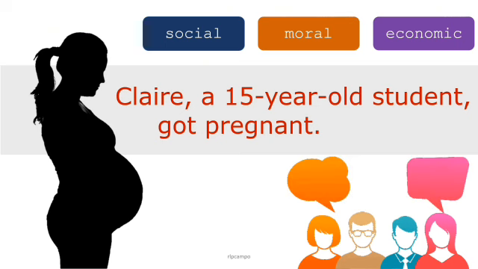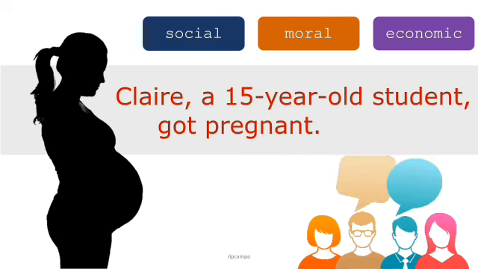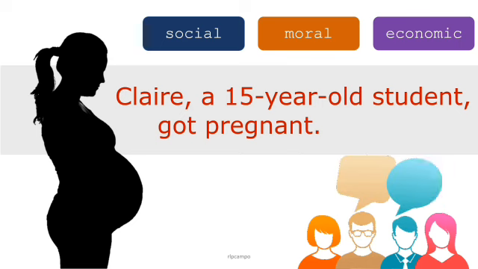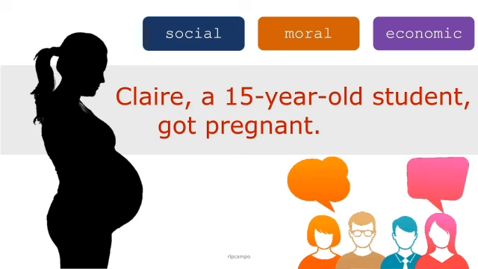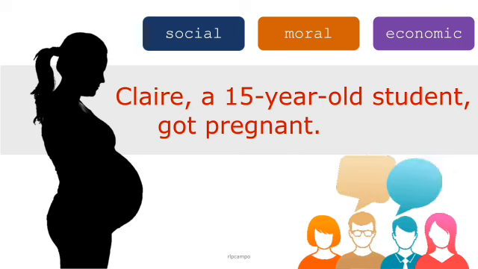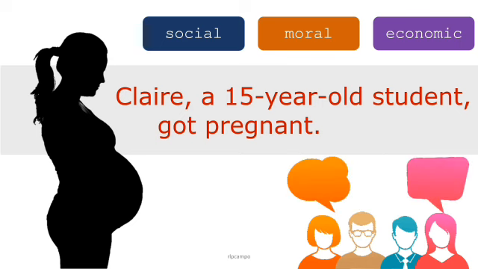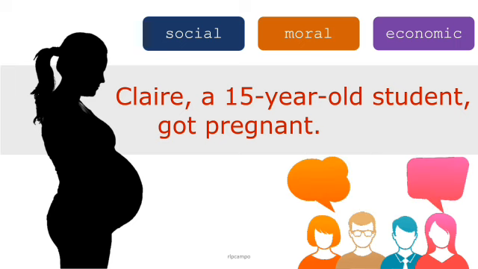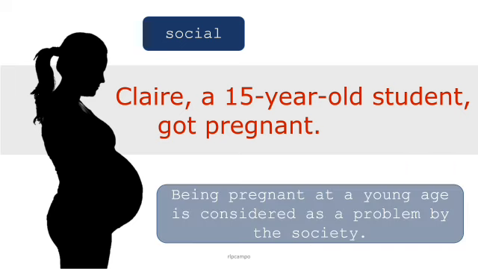Let's go back to our situation earlier, in which Claire, a 15-year-old student, got pregnant. Claire's problems here involve social, moral, and economic issues. In terms of social issue, being pregnant at a young age is considered as a problem by the society.